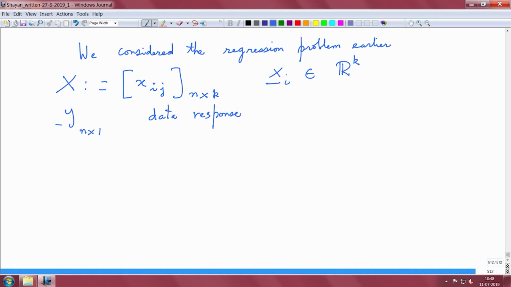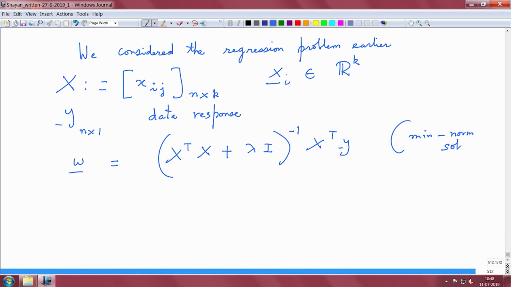So basically I want to get the best fit of a line to this data subject to some regularity constraints, and we saw that the solution to that line was of this form. And that corresponded to the minimum norm solution, right. So we have seen this problem.